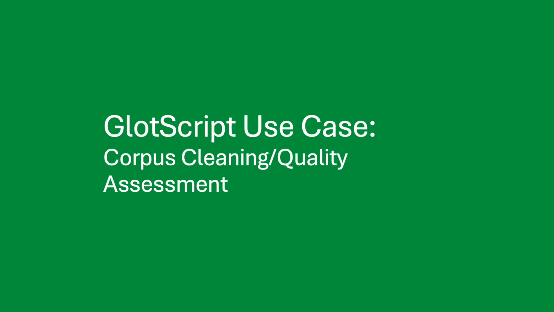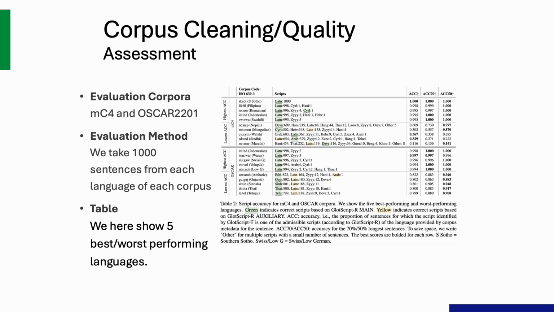Now, the use cases. The first use case we want to talk about is corpus cleaning and quality assessment with the help of the GlotScript tool and GlotScript resource. Here we selected two popular multilingual corpora in the NLP community.